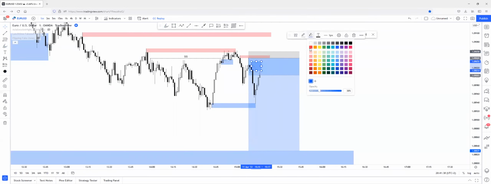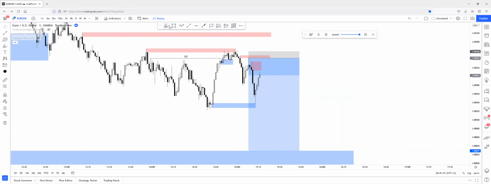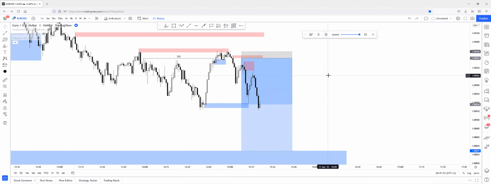Let me just change the color because this supply zone has caused the break of structure here to the downside. As you can see, there was a break of structure which has been caused by this supply zone with inversion push, but price has mitigated this demand zone. So I will just wait for a confirmation. Okay, that hasn't even been tapped.